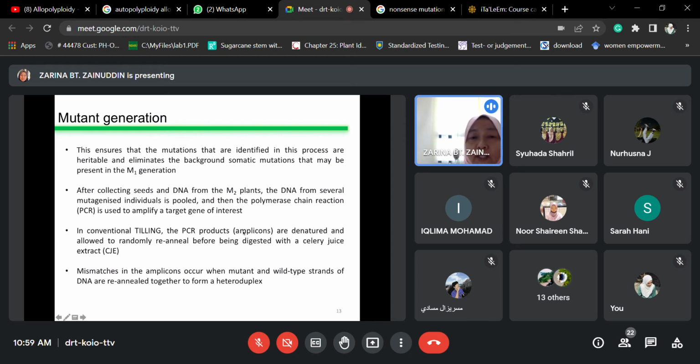Okay, so then the PCR product, you denature and then you allow to randomly re-anneal before you digest with celery juice extract. So you can identify the mismatch or the mutation in the amplicons in the PCR product when mutant and the wild type strand of DNA are re-annealed together to form a heteroduplex.